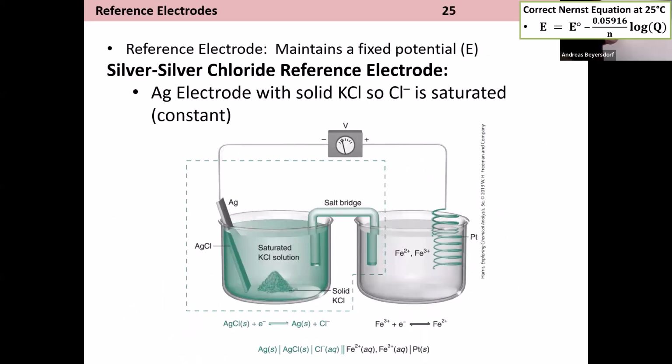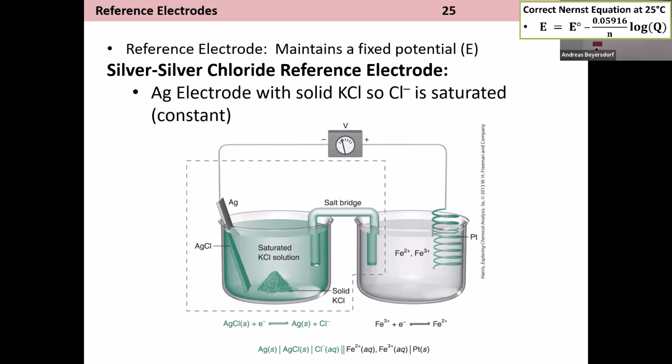All right, so an example of a reference electrode is what's called a silver chloride reference electrode. That's the one we just were talking about. A silver chloride reference electrode has Ag, silver electrode, with a solid KCl. And because you have solid KCl, what that means is the chloride concentration is saturated.